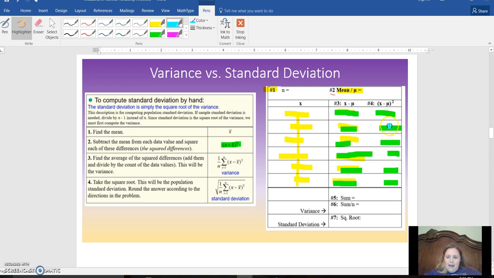Then I add all of those squares up, and that's my sum. If you're following the formula, that's that piece. Then I take the sum and I divide by however many there are, that was my n. And so that's variance.